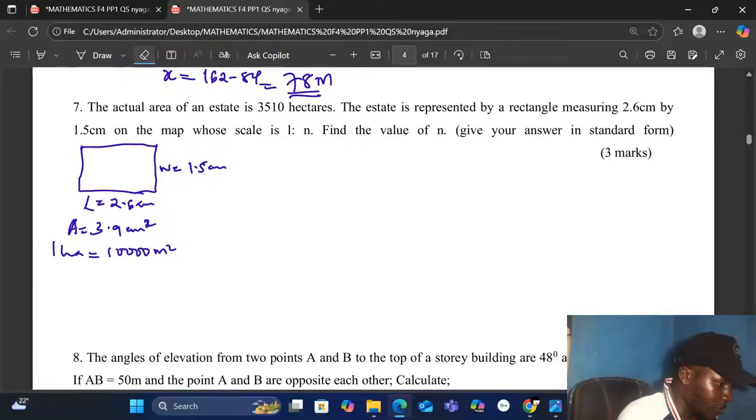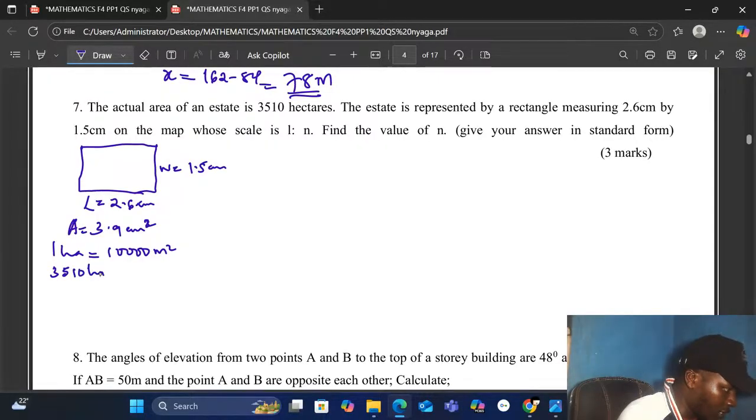Therefore, we look for what 3,510 hectares represent. So we shall have 3,000. The area will now be 3,000.